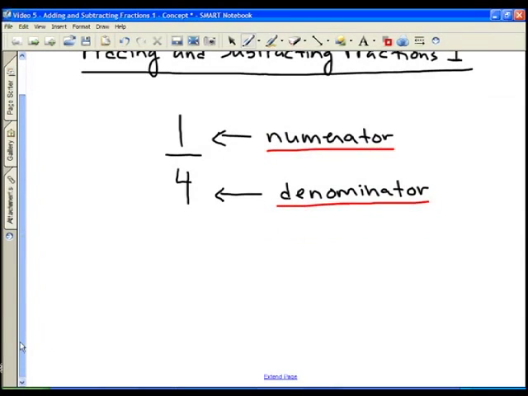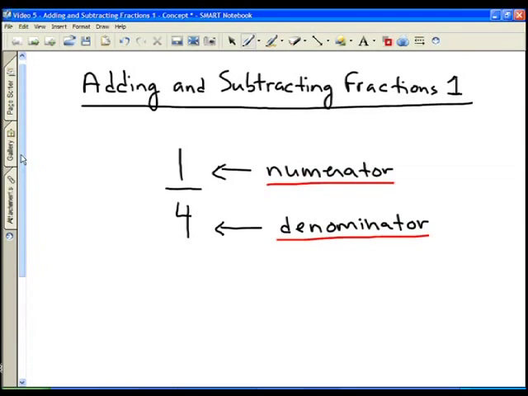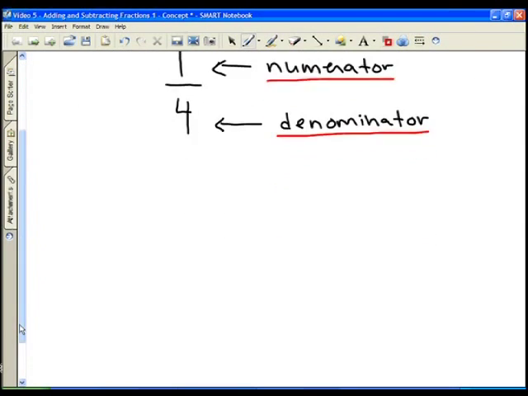And if we're going to perform all of our operations, addition, subtraction, multiplication, and division, we need to be familiar with the terms numerator and denominator. If we're going to add fractions or subtract fractions, like 1/4 plus 1/4, this is the addition of two fractions.